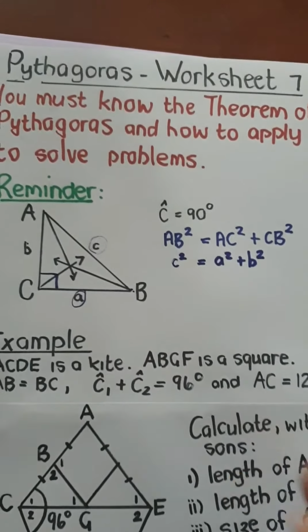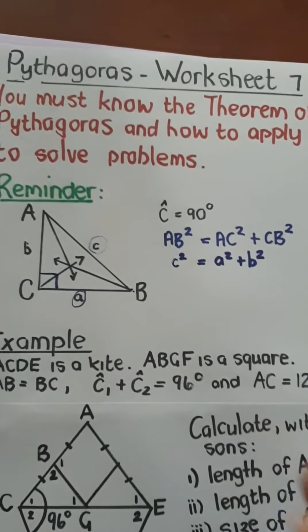So what did we mark on the diagram? We said that adjacent sides are equal in length because it's a kite, which means that AC is equal to AE. So if AC is 12, what is the length of AE? Yes, it's also 12. So that one you can just write the answer.